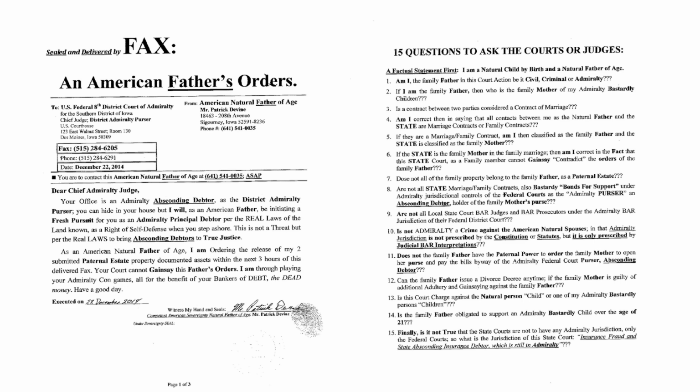Are not all state marriage/family contracts also bastardly bonds for support under admiralty jurisdictional controls of the federal courts as the admiralty purser, an absconding debtor, holder of the family mother's purse?